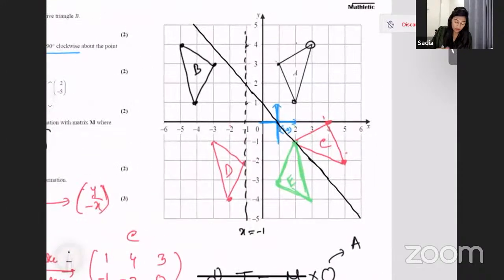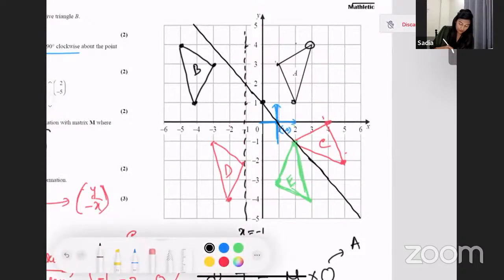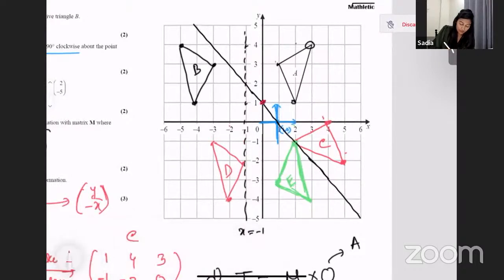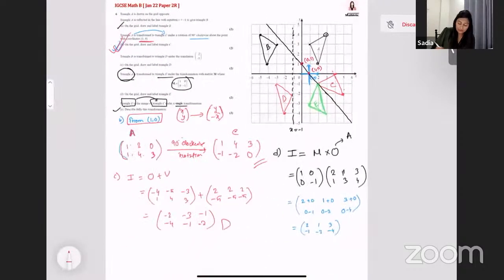So for this line, I can select any two random points. Suppose I'm using 0, 1 and 1, 0. From the line you can select any two points, and then find the equation of the line.